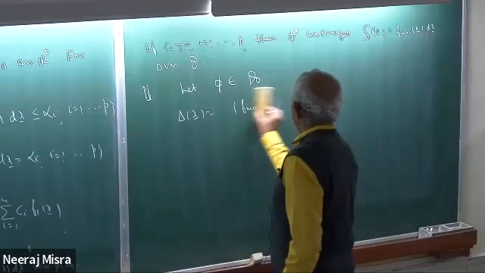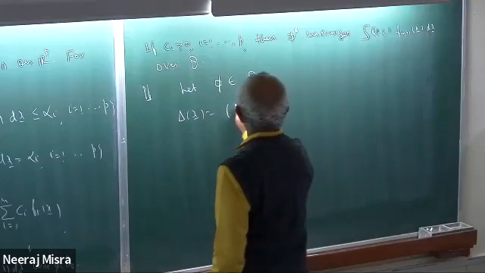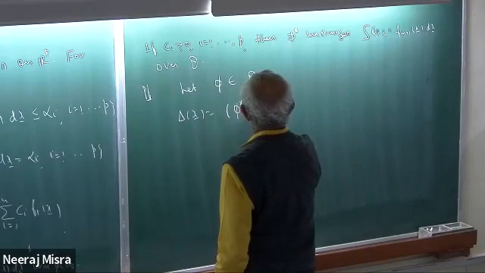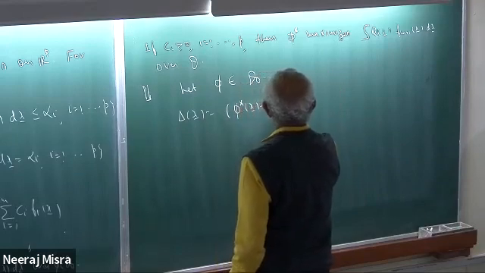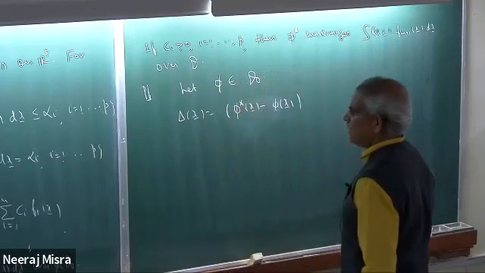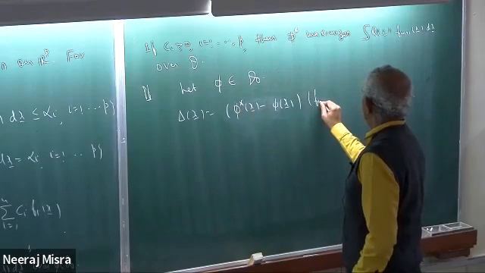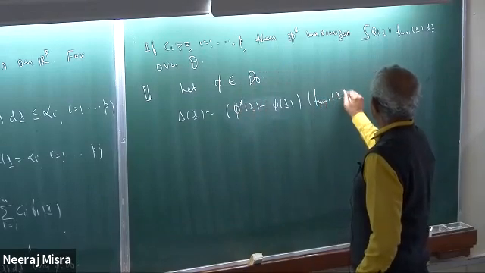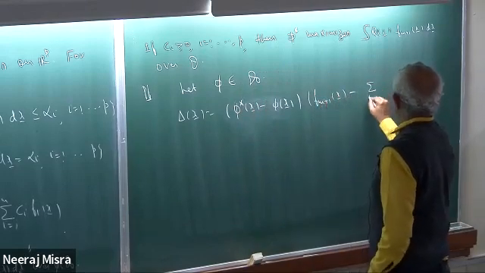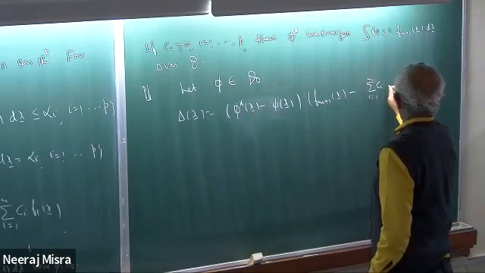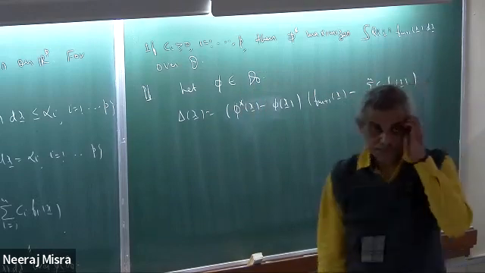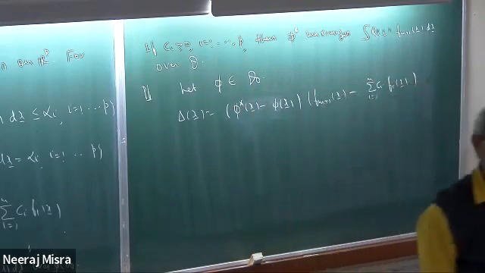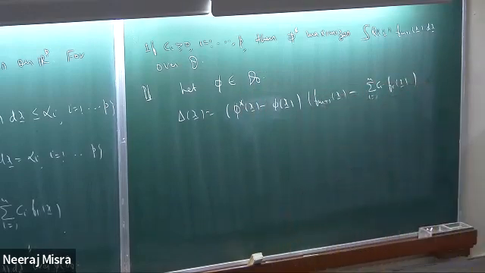phi star(x) minus phi(x) into f_{m+1}(x) minus summation i equal to 1 to m c_i f_i(x). Is that okay? What can you say about this quantity?